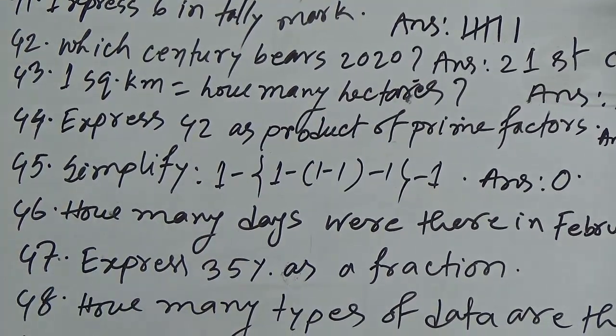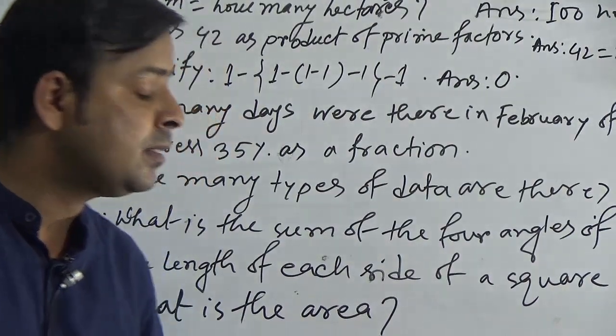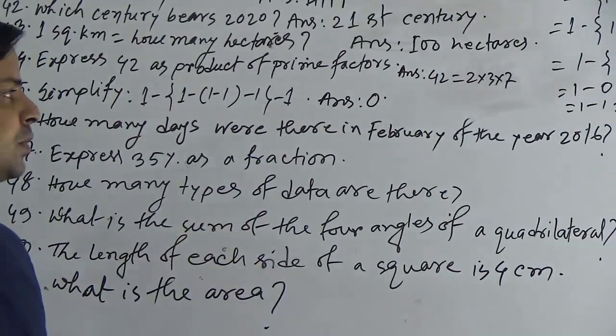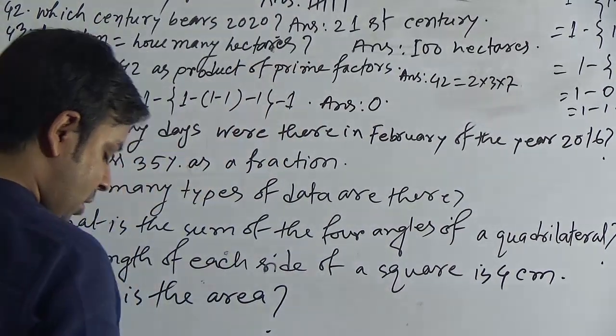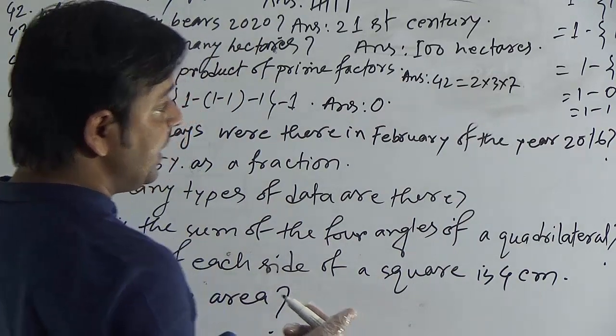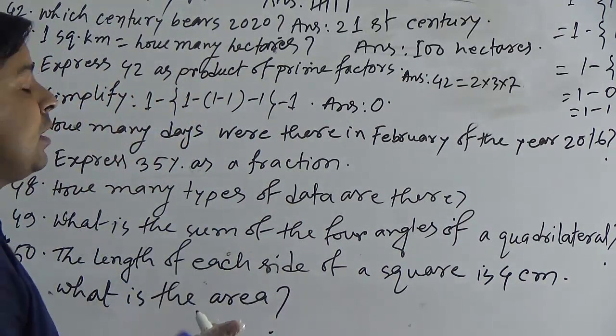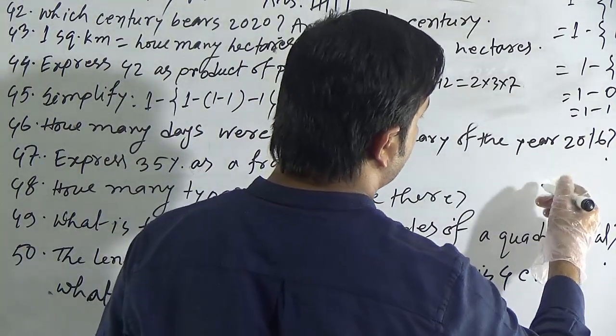Now, how many days were there in February of the year 2016? So at first we have to check whether 2016 is a leap year or not. If it is a leap year, then February will contain 29 days. If it is not a leap year, then February will contain 28 days. So we have to divide this by 4.